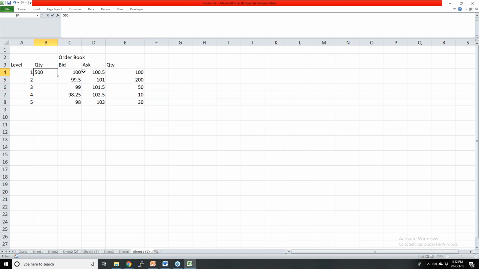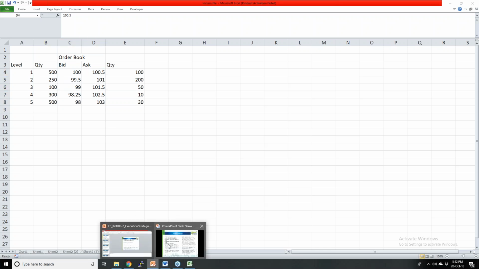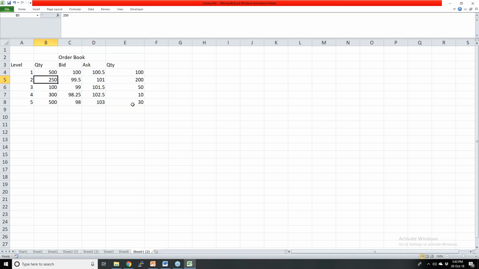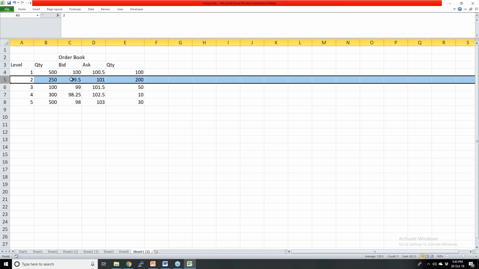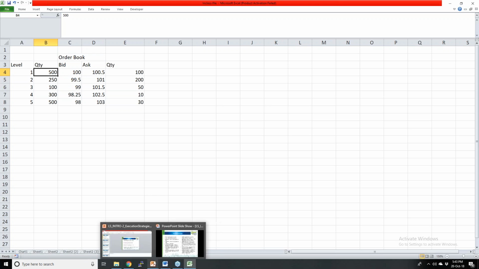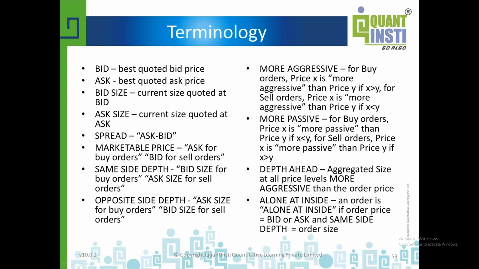And here we have 500, 250, 100, 300, and 500. If this is how it is, then the depth ahead of level 2, if I'm at 99.5, the depth ahead is 500, right? It's the aggregated size at all price levels more aggressive.